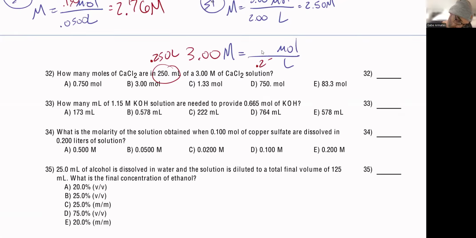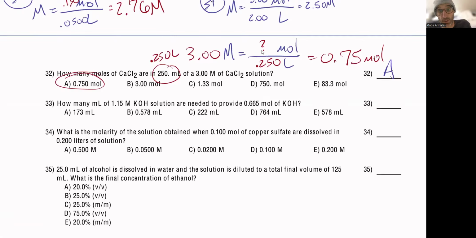So 0.250 liters, and I'm looking for the mole quantity here. Okay, so this is just me cross multiplying, and we're going to end up with 3 times 0.25 to give me 0.75 moles of what I'm looking for. 0.75 moles looks like A for this one.